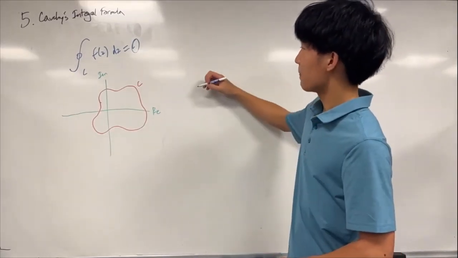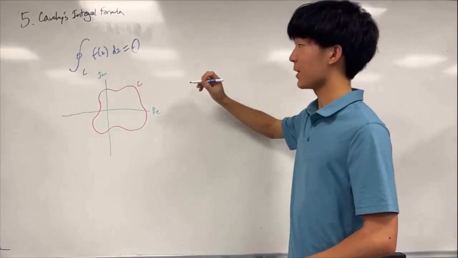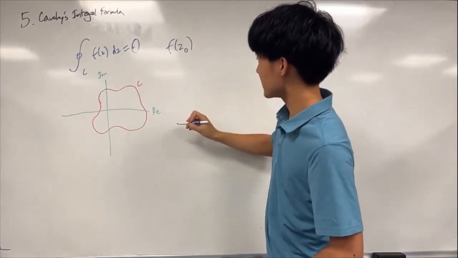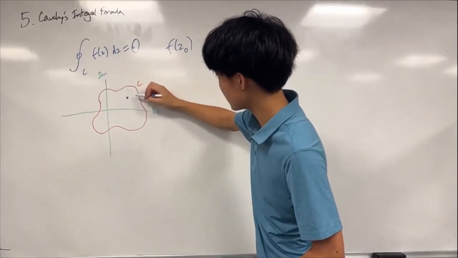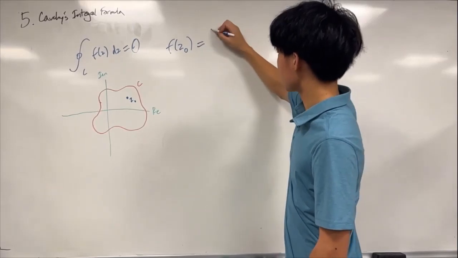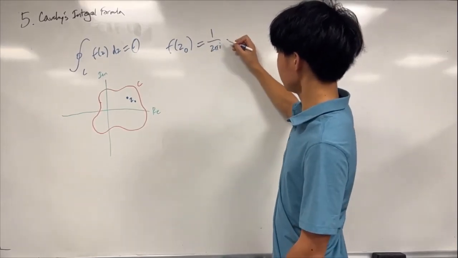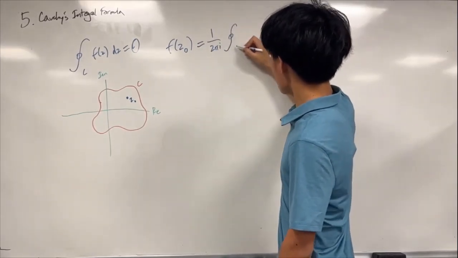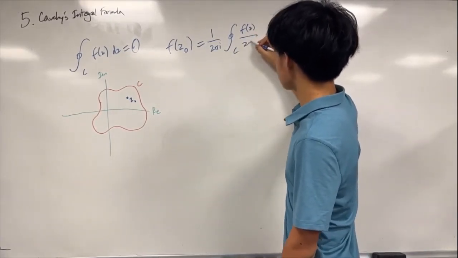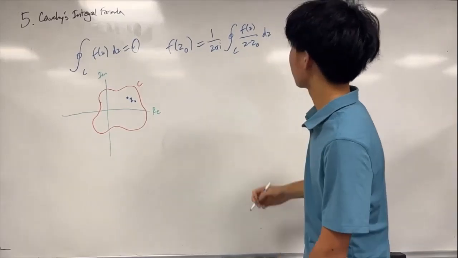So we'll do that. Cauchy's integral formula states that for some point z sub 0 within our contour C, f of z sub 0 equals 1 over 2 pi i times the integral over the contour C of f of z over z minus z sub 0 dz.